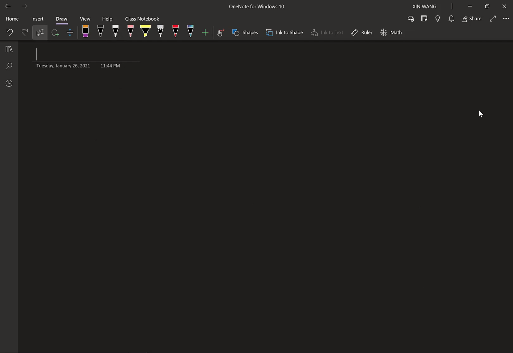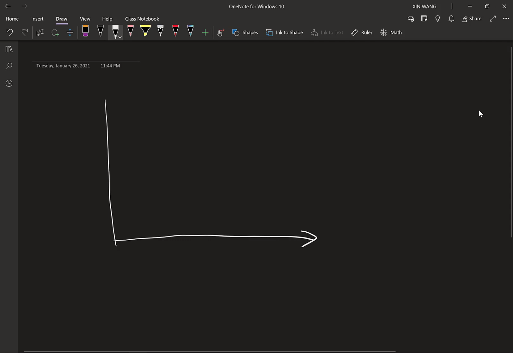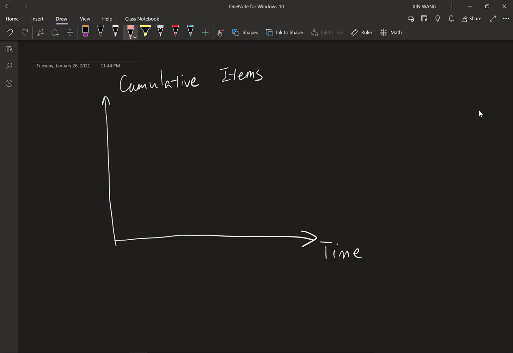Now let's draw the cumulative consumption line and cumulative production line in the same figure. The horizontal axis is still time. The vertical axis is cumulative items. So we will have a question now. There are 3 cases.